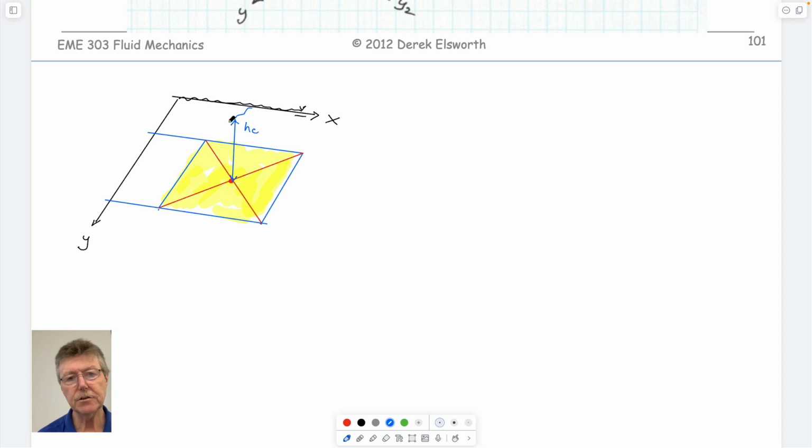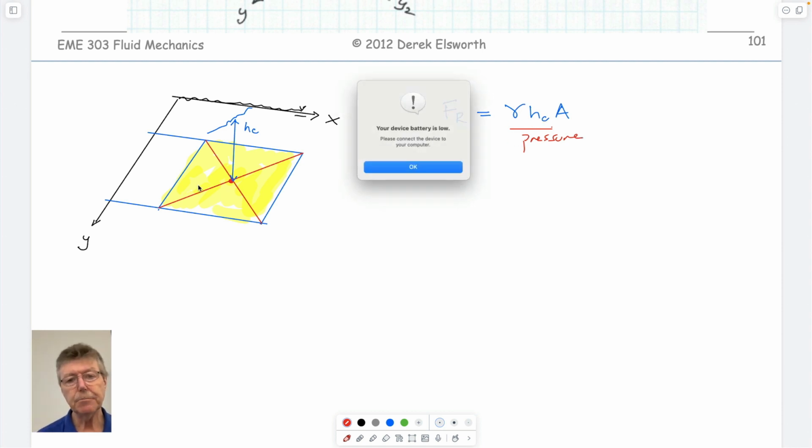If you imagine this surface being here, I can't really draw in 3D, we know that the resultant force acting on that plate is the unit weight of the fluid times h sub c multiplied by the area of the plate. So h sub c times the unit weight is the pressure. Unit weight times depth. It's the pressure at this point.